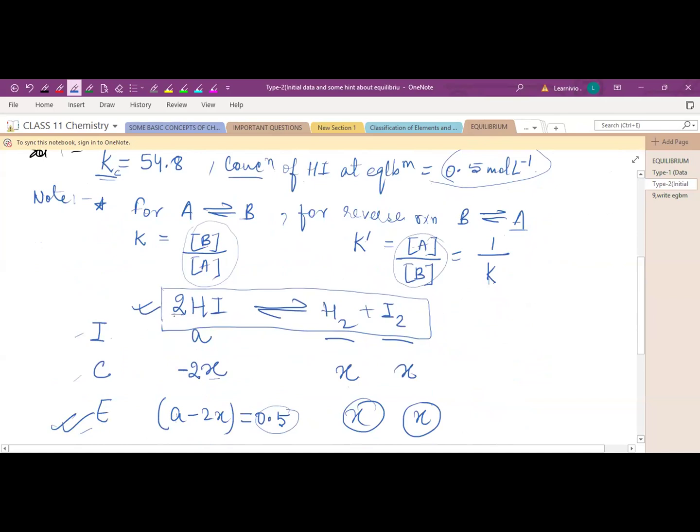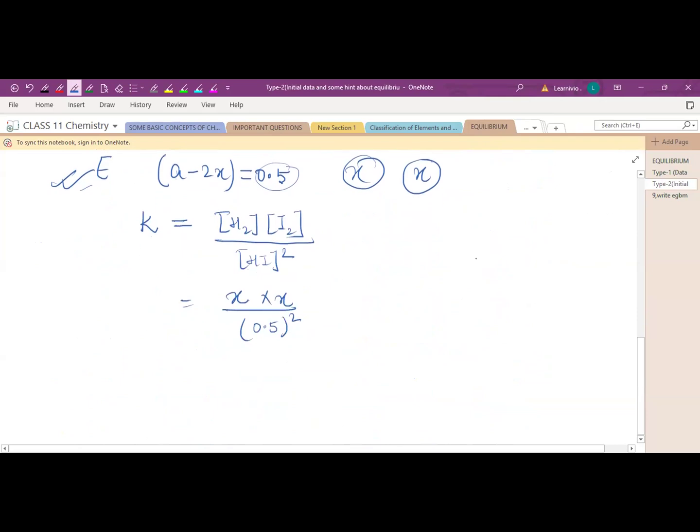So for the reverse reaction, K dash will be equal to 1 upon K. It gets reversed. So the constant for the reverse reaction will be 1 upon 54.8. Is it clear why I have taken 1 upon 54.8?